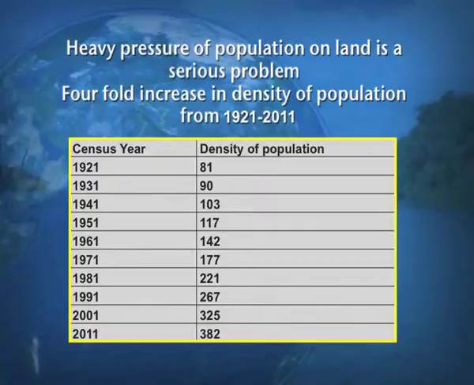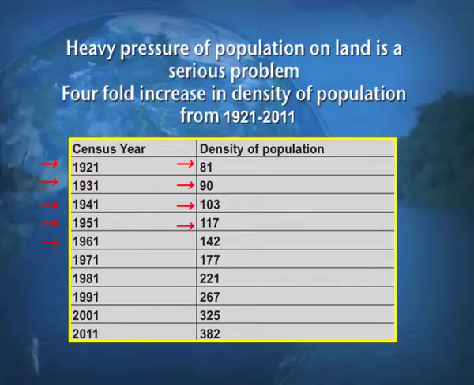Now, here is a table indicating the density of population, because earlier we have seen the statistical diagram representation of the density. Now, it is a tabular formation of the density of population. In 1921, the density was 81 only. In 31, it rose to 90, in 41, 103, followed by 117 in 1951.